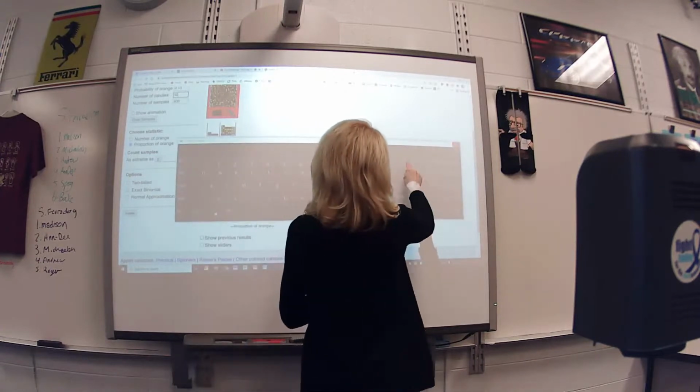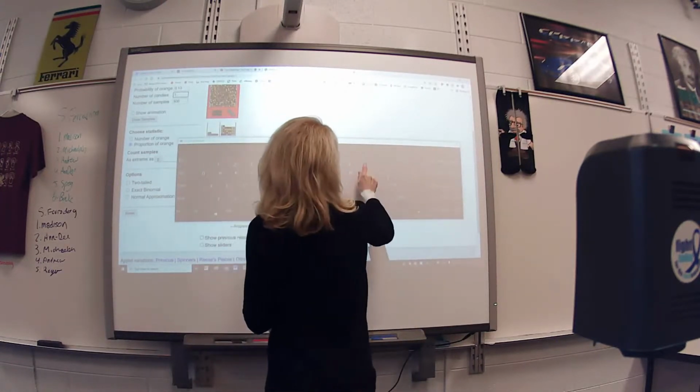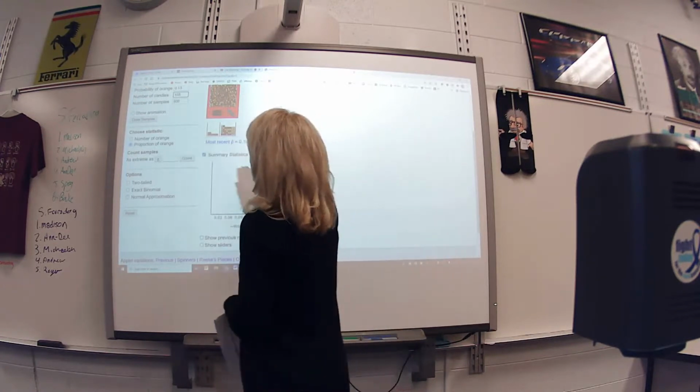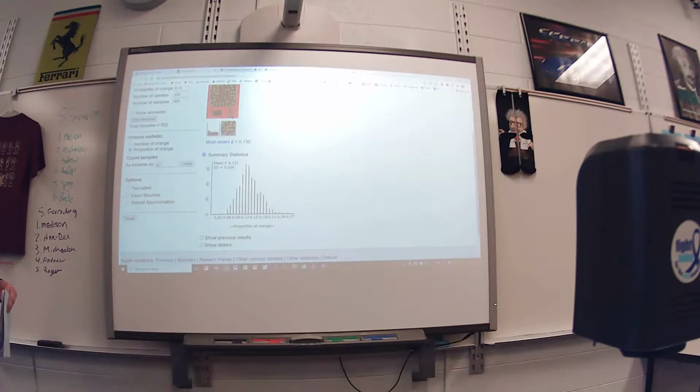After this, I think I'm done with our little app for the day. Come on, draw. All right, mean is 0.131. Standard deviation is 0.034. And the shape, all right, it's approximately normal.